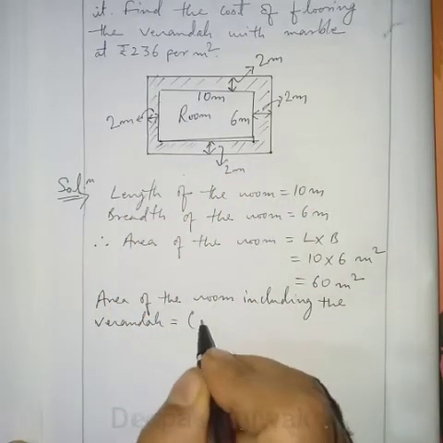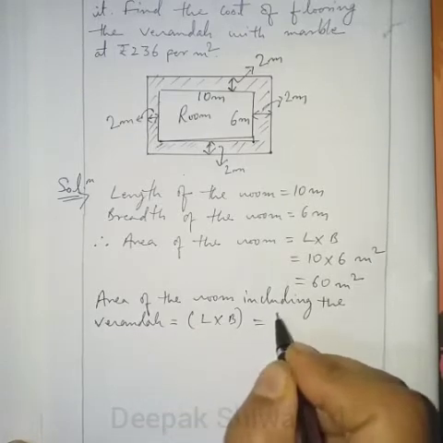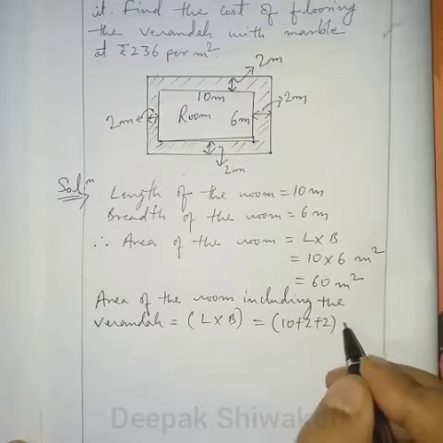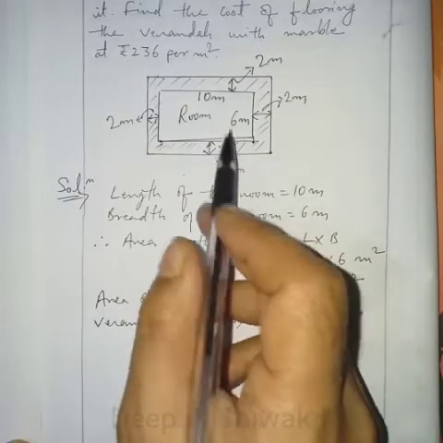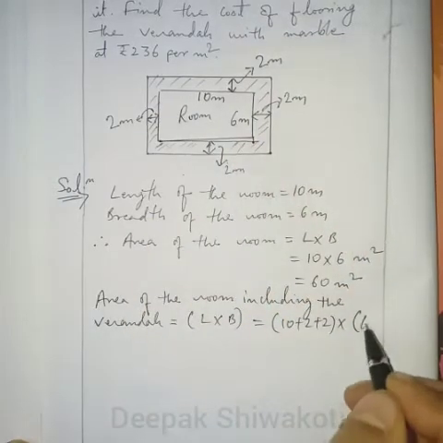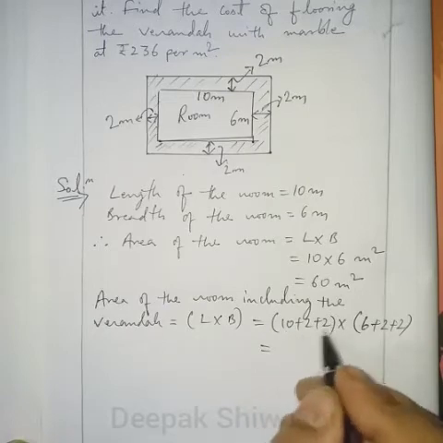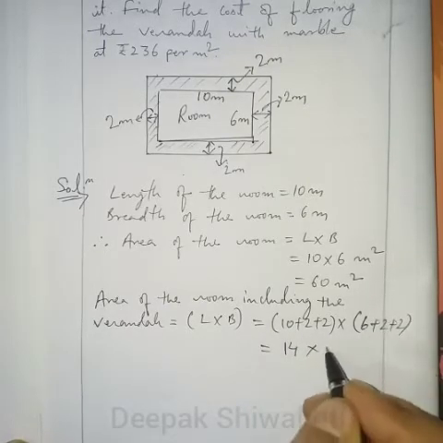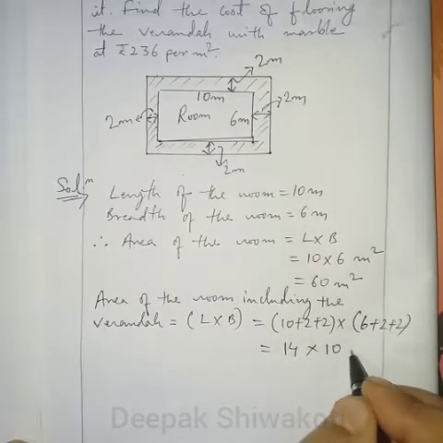That is length into breadth, and the length here is 10 plus 2 plus 2. And the breadth is how much? Breadth is 6 plus 2 plus 2. So here 14 into 10, meter square.